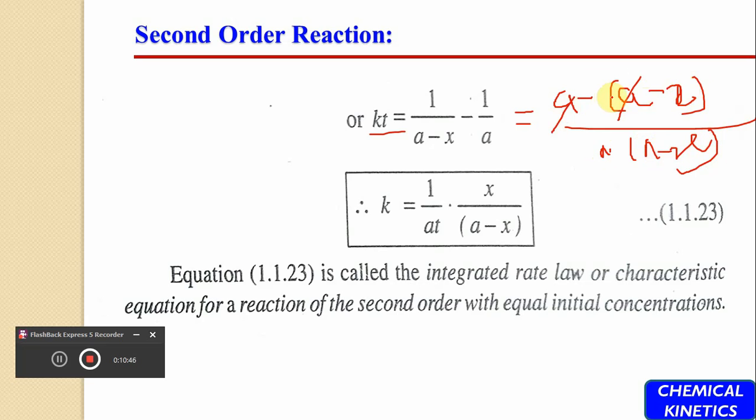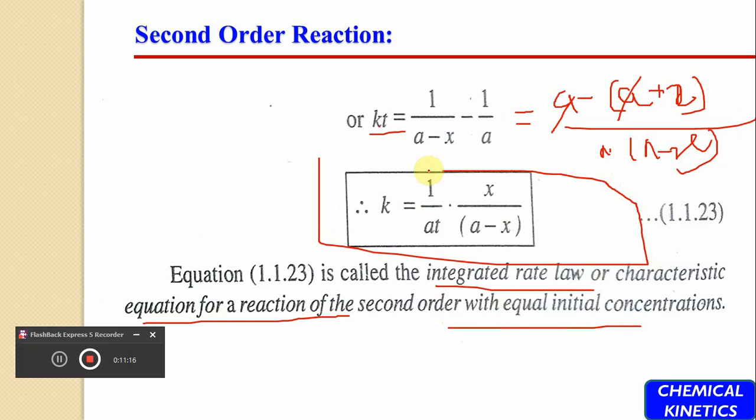So the a will get cancelled, and it will be plus x. So x upon a into (a minus x), times 1 upon t. So k is equal to 1 upon a into t into x upon a minus x, and this is the equation for the rate constant of the second order reaction. This equation is called the integrated rate law or characteristic equation for the second order reaction with equal initial concentration. So this is a very important equation: k is equal to 1 upon a t into x upon a minus x, for the rate constant of second order reaction with equal initial concentration.